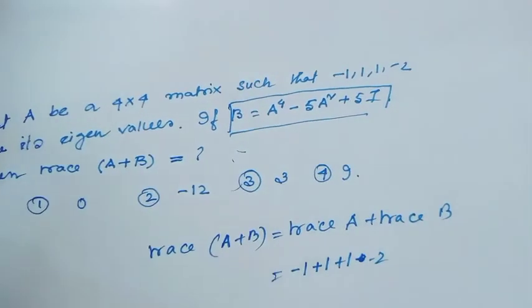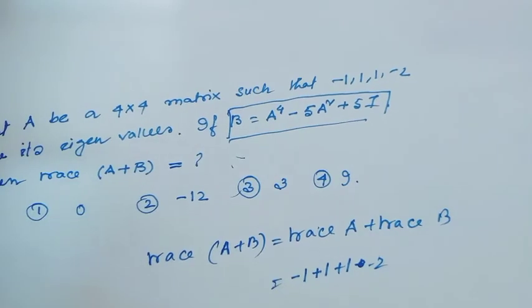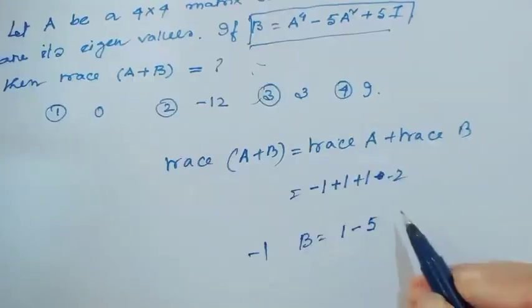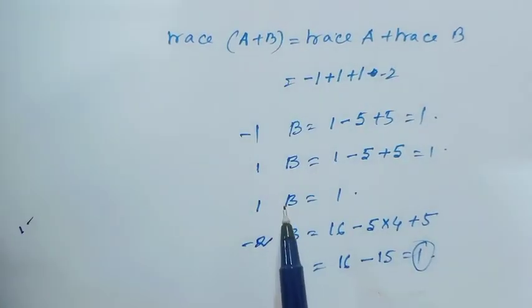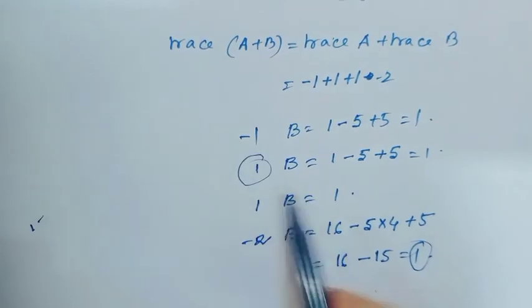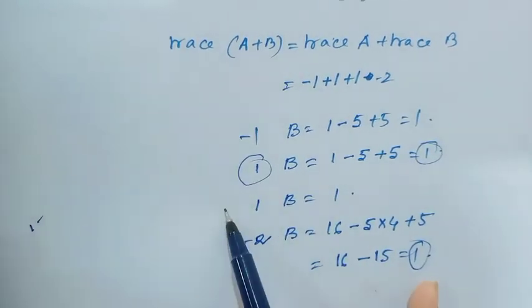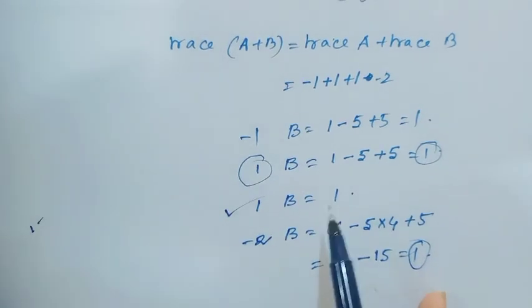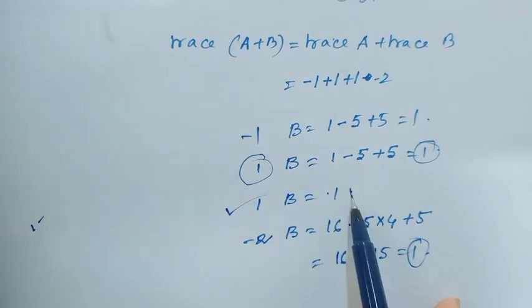So corresponding to -1, the eigenvalue of B would be 1 minus 5 plus 5, which is equal to 1. Similarly, corresponding to 1, the eigenvalue of B would be 1. Similarly also, because the eigenvalues of A are -1, 1, 1, -2, this would also be 1.